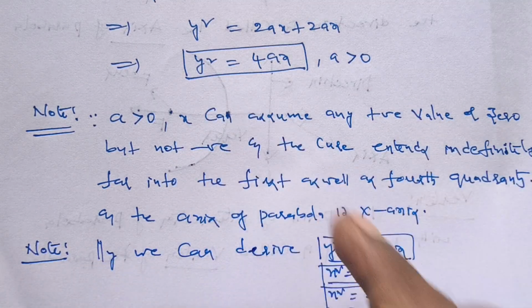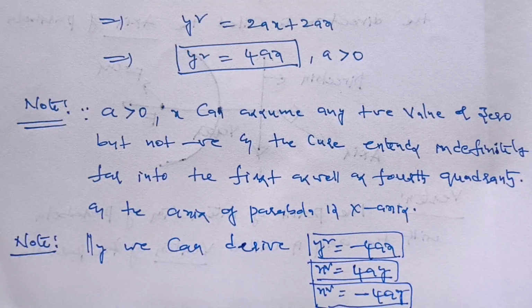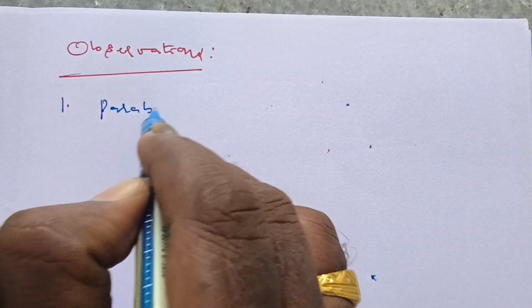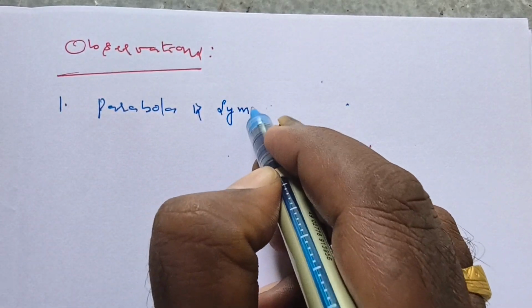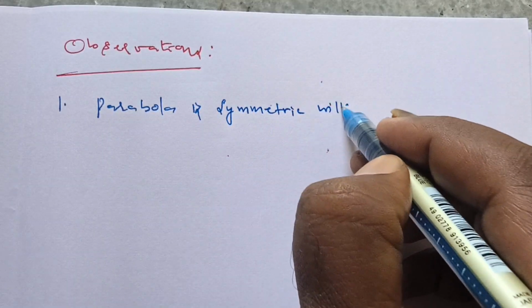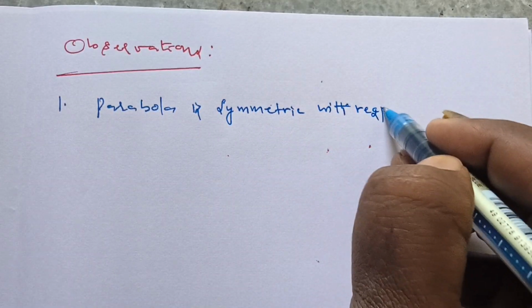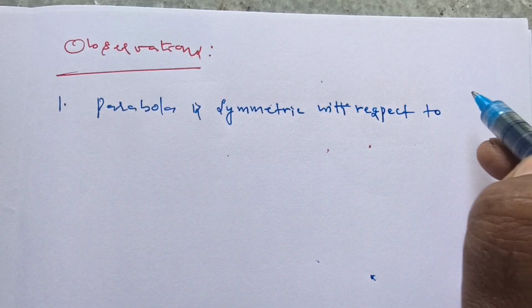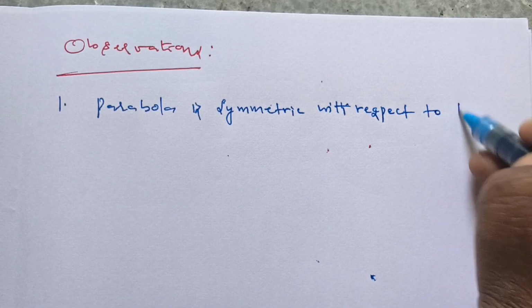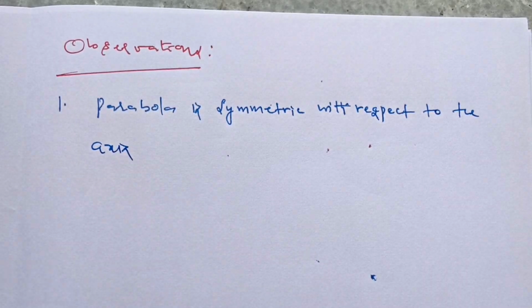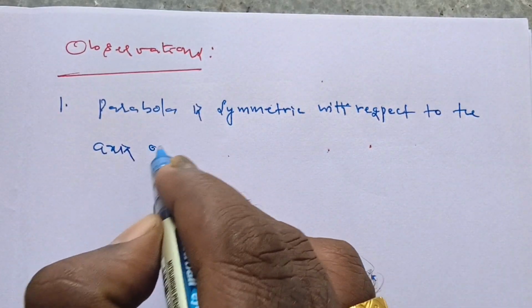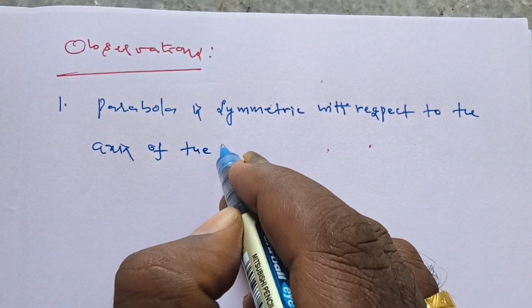Observe these four standard equations of parabola. We have some observations. The parabola is symmetric with respect to the axis of the parabola.